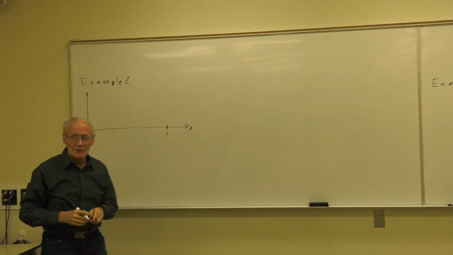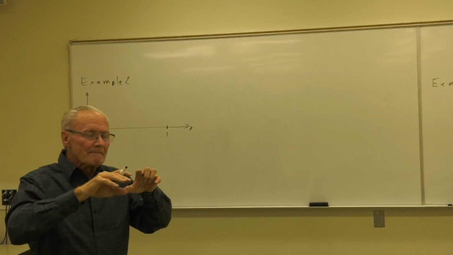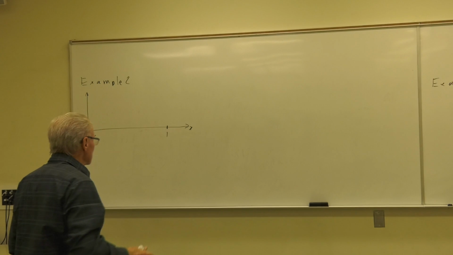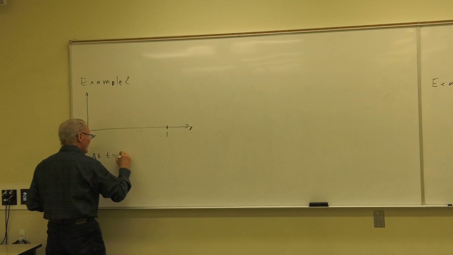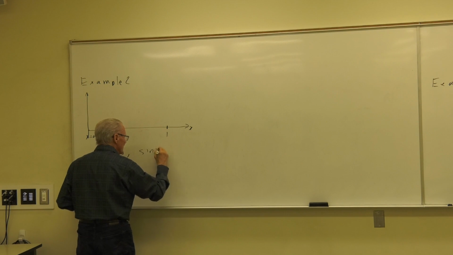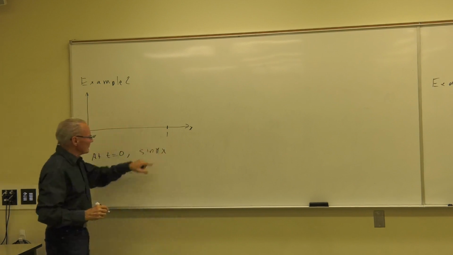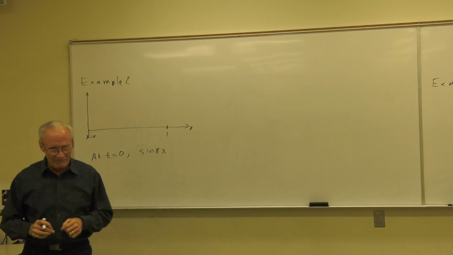I pull it tight. Then I somehow manage to get it into the shape, at time t equal to 0, of sine pi x. Just trying to keep things nice by putting this pi in here. You might have preferred an x in here, but then this would be a pi instead, right?